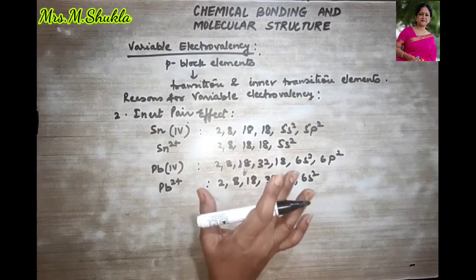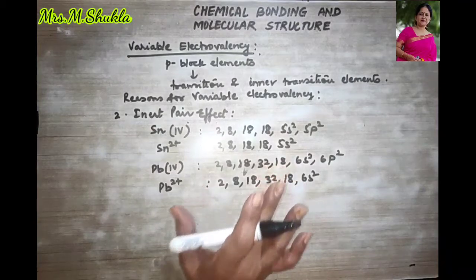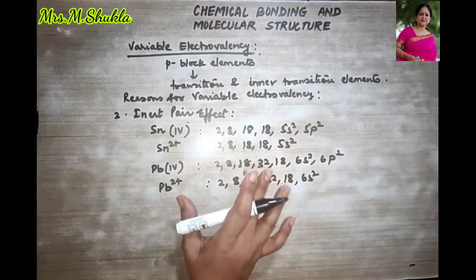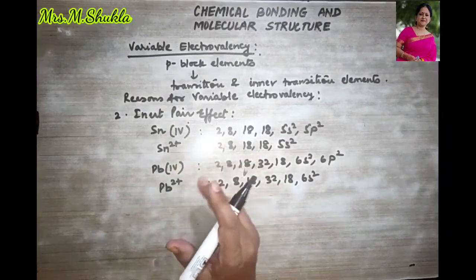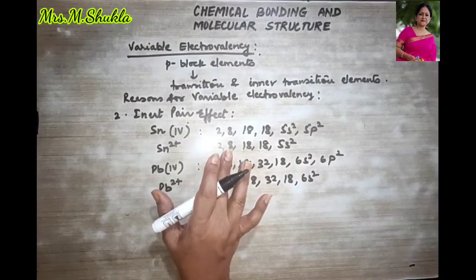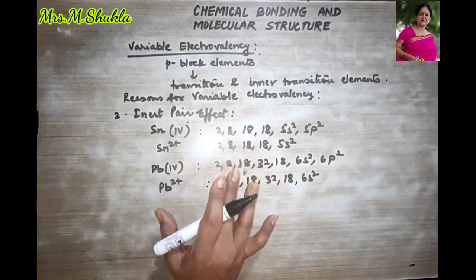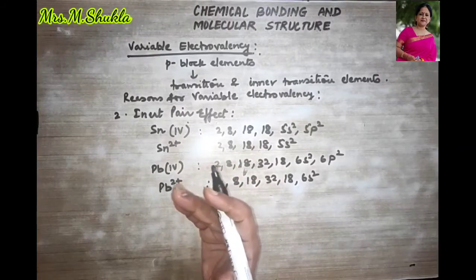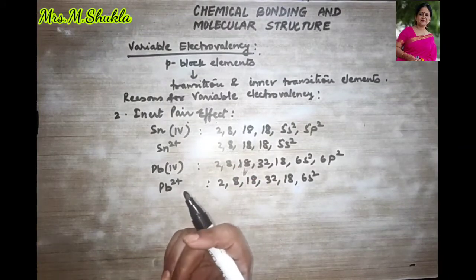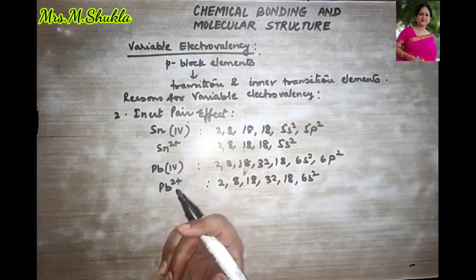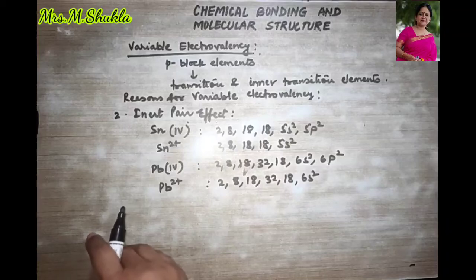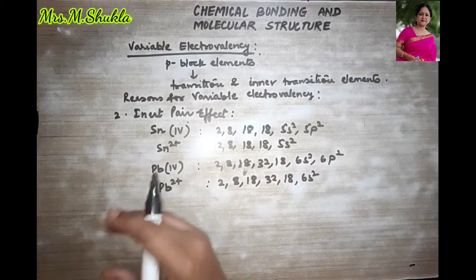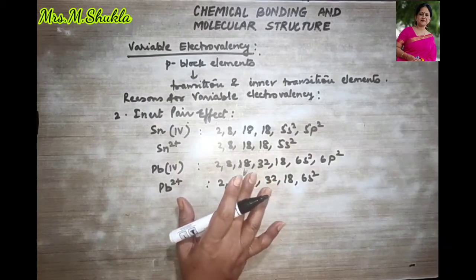When sufficient energy is provided, then these s electrons also enter into the bond formation and higher valencies are observed, right? So this tendency to show higher valencies is found lesser in your lead and bismuth, but more in case of the lighter elements, for example your tin, antimony and so on.